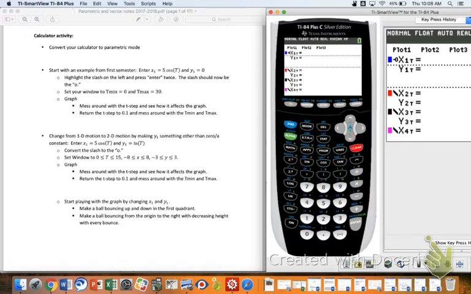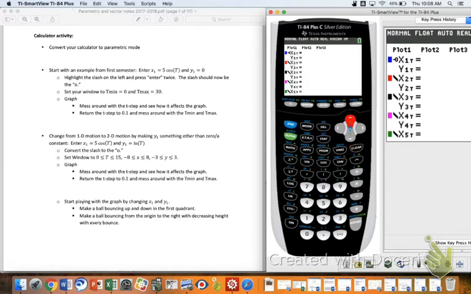It says x1 of t equals, y1 of t equals. You have some instructions up there. Follow those instructions. I'll do the same. Did you notice when you hit the X,T,theta,n key, it does not show up as an x anymore? It shows up as a t.